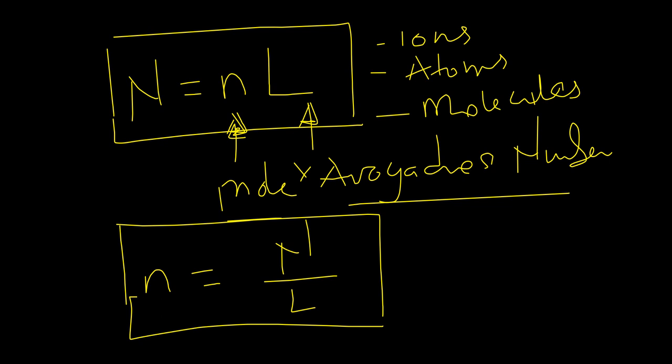So that's the first thing. The second thing is that anytime you are given the number of particles in a substance and you are asked to determine the number of moles, just take the number of particles given to you and divide it by the Avogadro's number.